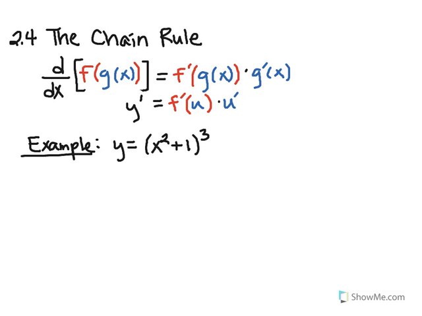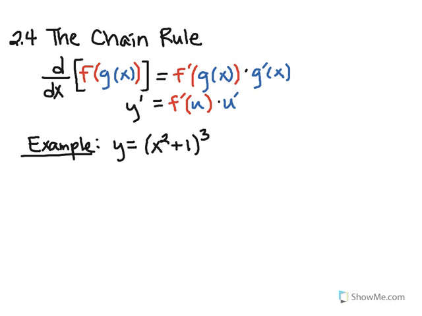If I were to use the power rule here, because that's what we know so far, it doesn't seem like we could do it because it's not just one term being raised to that third power. It's its entire expression. Or what we could say is it's another function.